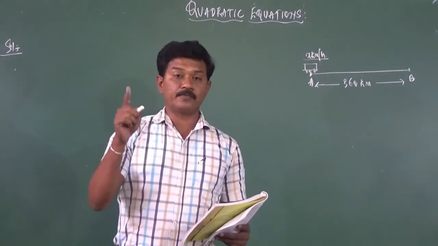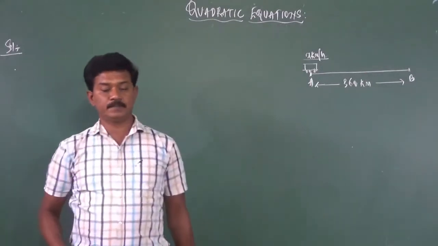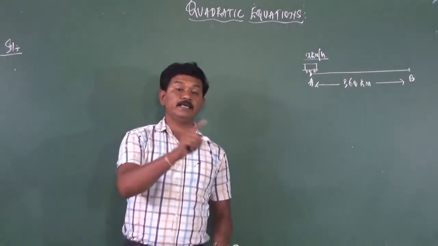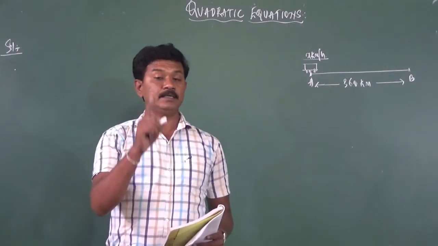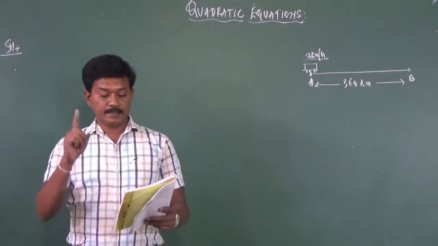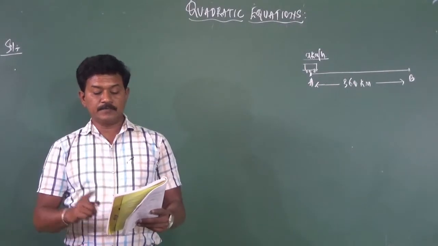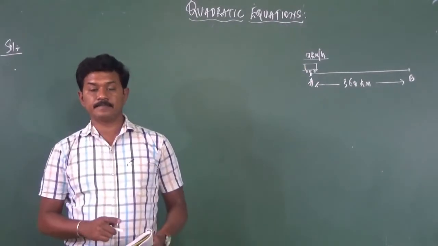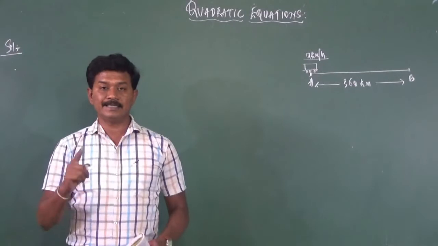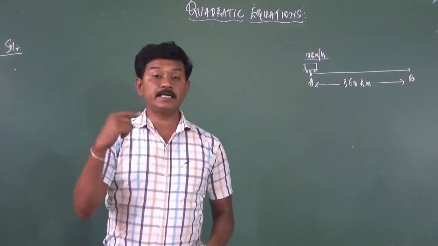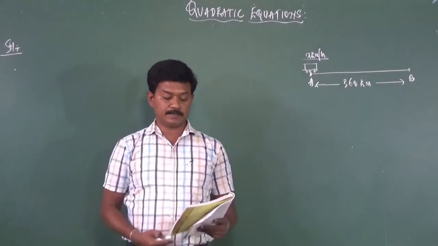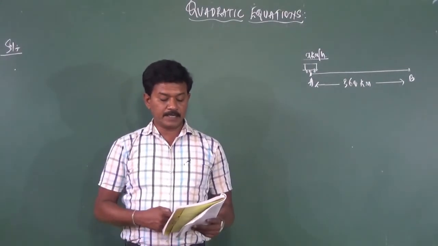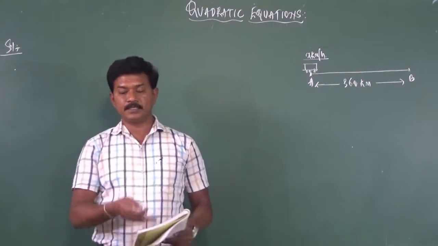Now if the speed of the train had been 5 km per hour more, that's very important, that is the speed is increased, but the distance remains the same. You have to remember this. If speed is increased for the same distance, then the time decreases. Very important, time decreases. So it would have taken 1 hour less for the same journey. That's what he is telling.